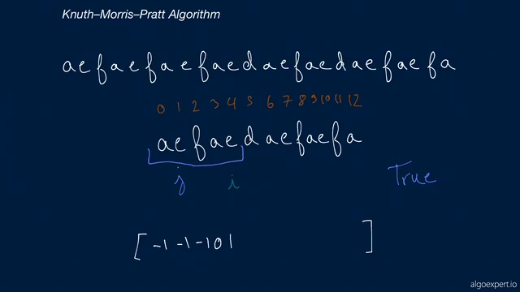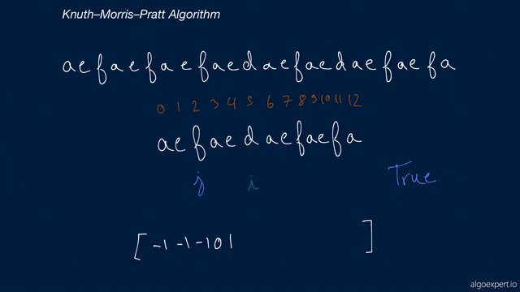Whoops, let me just erase this purple here. Okay, so now we're gonna move both the indices J and I, because again they were equal to each other. So we'll move both of them. And now this is where things get interesting again.